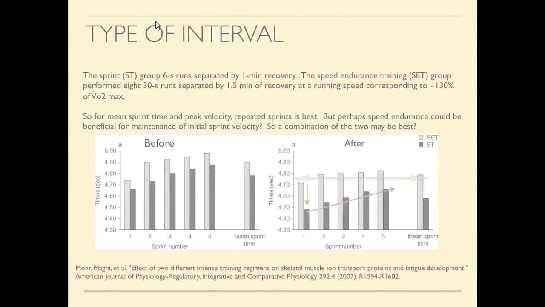You probably want to combine short all-out sprints with short rest to decrease initial sprint time. You probably want to have a little bit longer sprints so that you can maintain the sprint from sprint 1 to 5 or 1 to 10. Okay? You want short rest period lengths for buffering capacity and long rest period lengths for VO2 max.